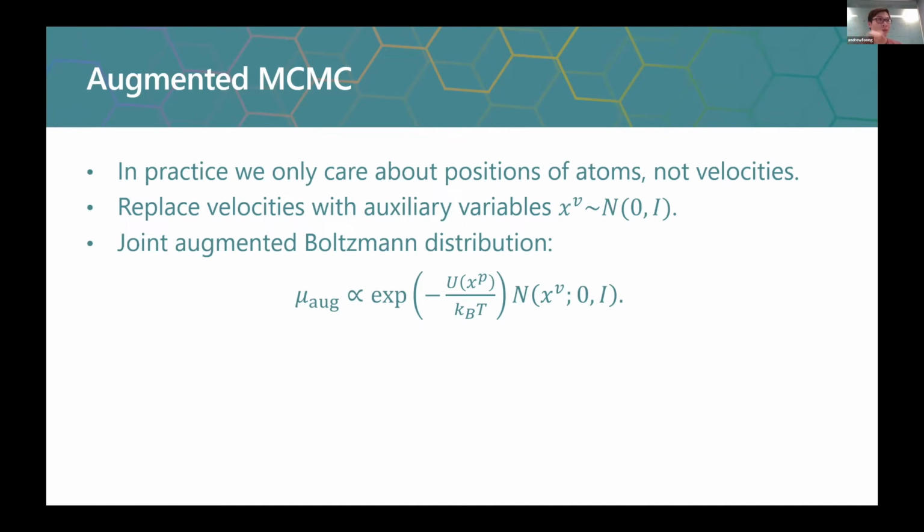In the Boltzmann distribution for the joint distribution of the positions and the velocities, the velocities end up independent of the positions, and they are Gaussian. The variance can be computed analytically as a function of temperature and also the mass of each atom. So if you can model the positions, you can trivially sample from the joint of the positions and the velocities. So there's basically no learning problem in learning the velocity distribution.